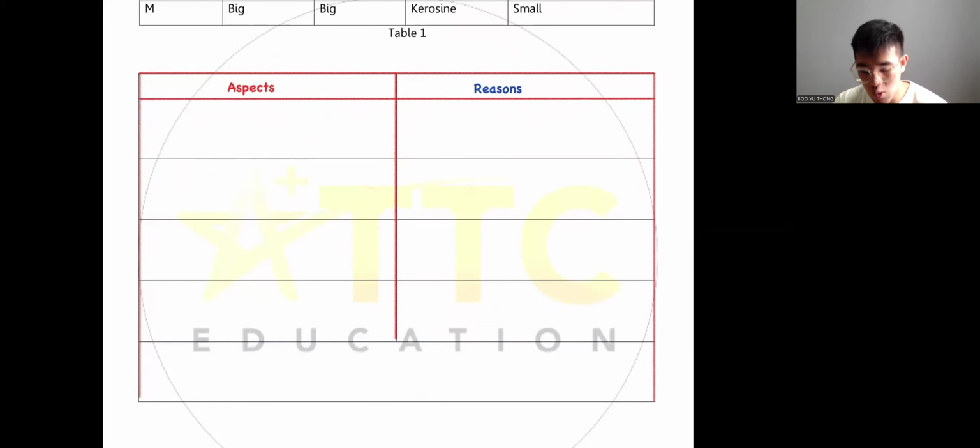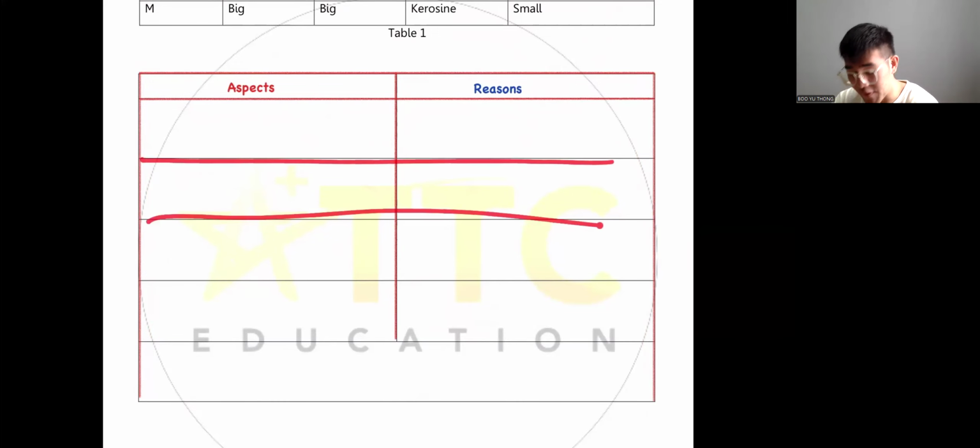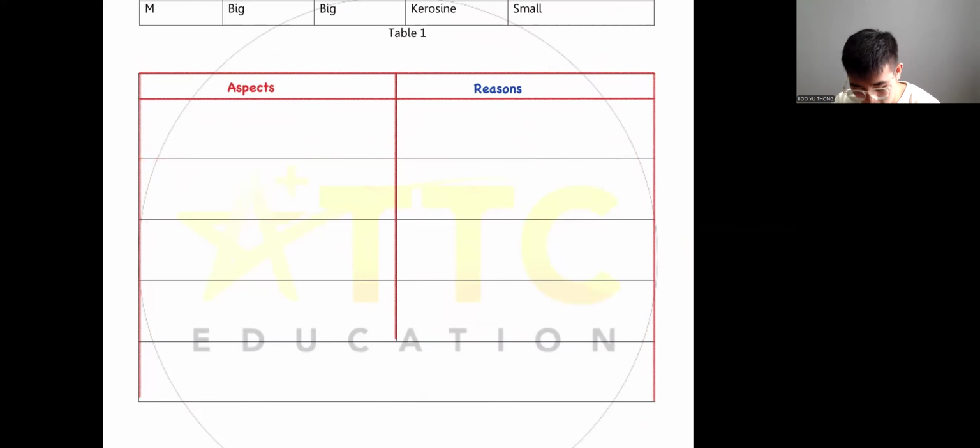But now over here, we already drew the lines for you, so it's fixed already. If later your words are too big, then you cannot change anymore. When you draw this table, please use pencil so you can erase. And don't draw the last horizontal line, okay?